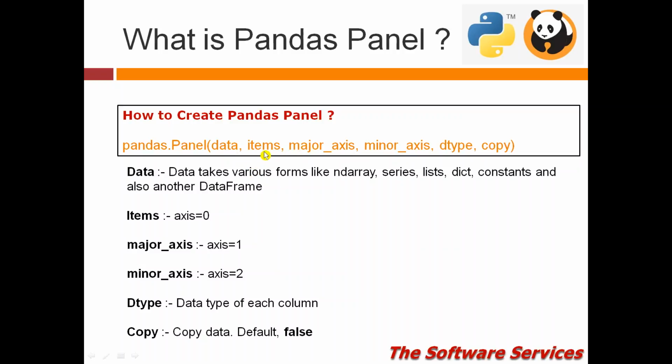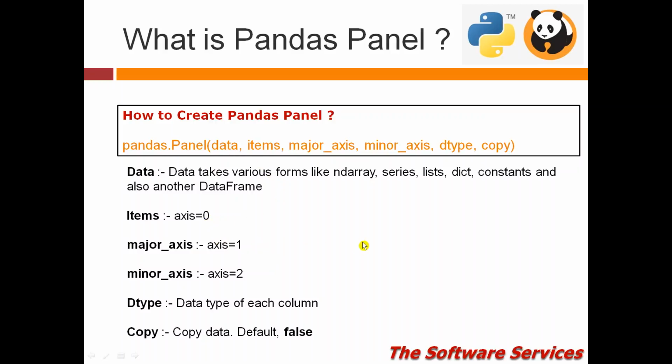The items is axis 0, then major axis and minor axis, and the dtype is the data type of each column. If it isn't given, it will be inferred automatically. And copy is for copying data; by default it is false. If we don't give items, major axis, and minor axis, it will take the defaults.